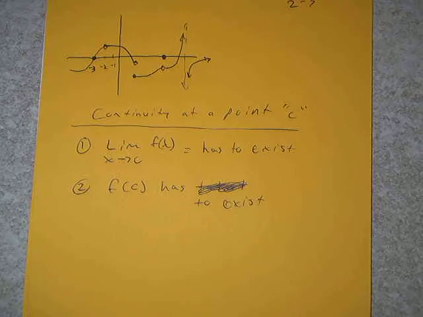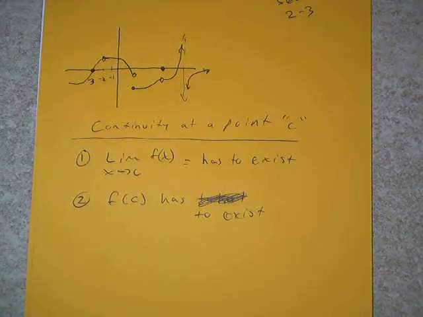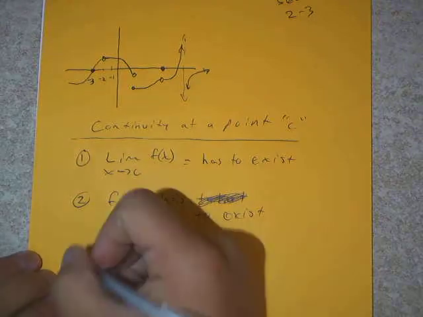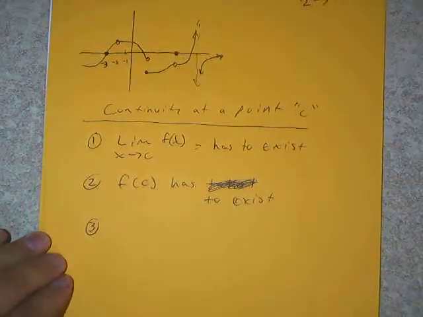There has to be a point c something. We have to be able to list the point, 1, 2, or 5, 6, whatever the case may be. If you look at negative 3 again, do we have a function value at negative 3? And if so, what is it? 0. So we do have a function value. So far, we are continuous at that particular point.